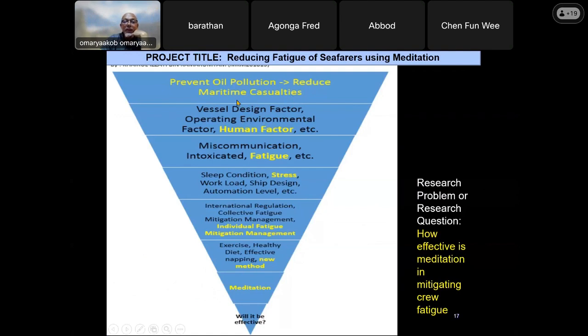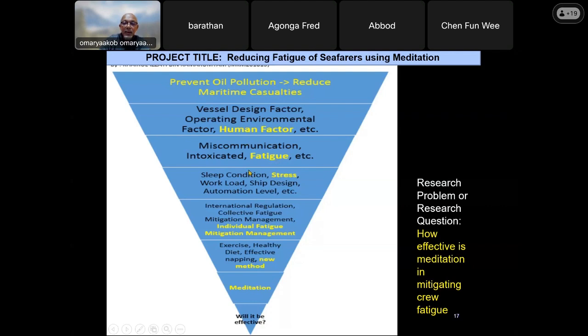So what are people studying about reducing maritime casualties? Some people are looking at the vessel design, the ship design, the environment, the human factor, and so on. People are very serious about this. And then people are looking at what contributes to the human factor, which increases the likelihood of accidents: miscommunication, intoxication, fatigue, etc. So he's going to look at fatigue.